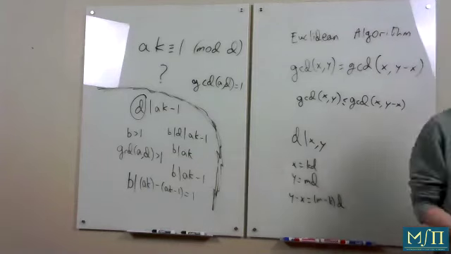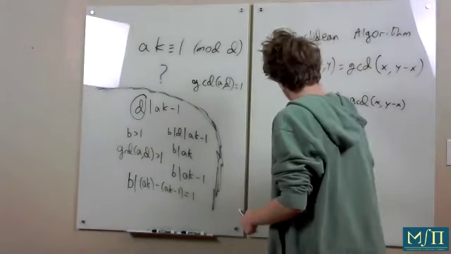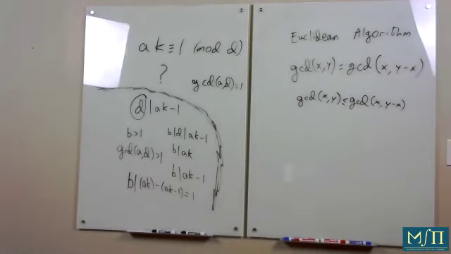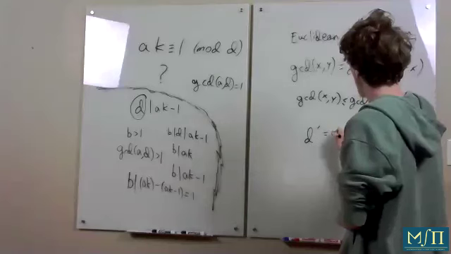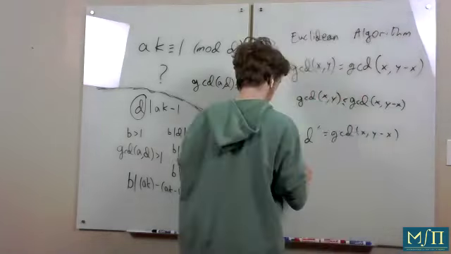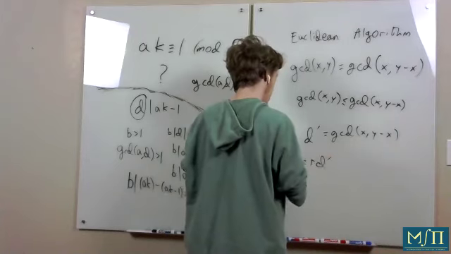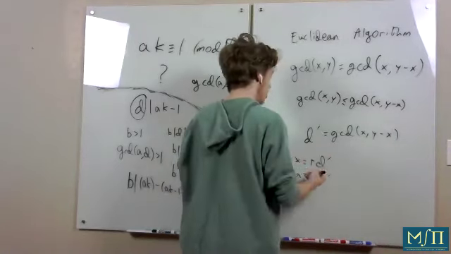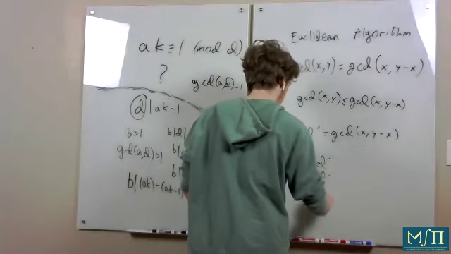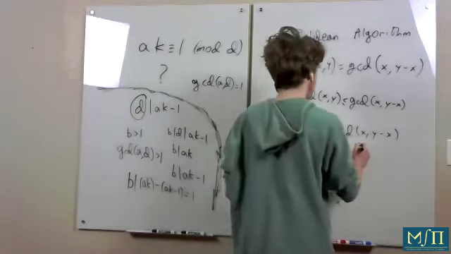But you can go the other way. If I let d prime be the GCD of x and y minus x, and then I say x is r times d prime, y minus x is s times d prime, and since d prime divides x and y minus x, it divides their sum, and then d prime divides x and y, so it's at most GCD of x and y.